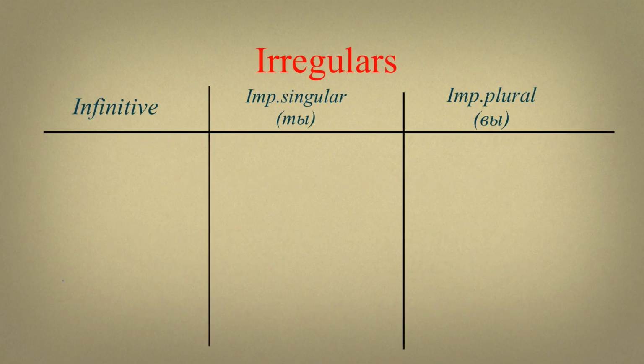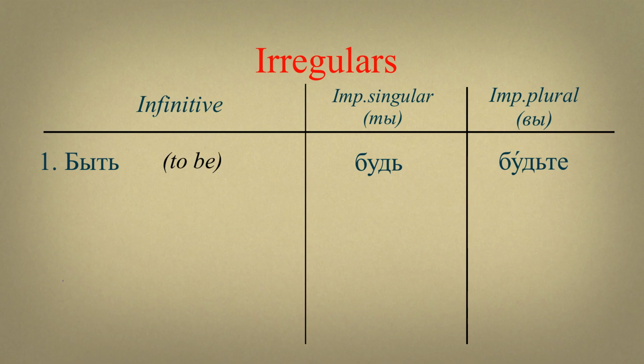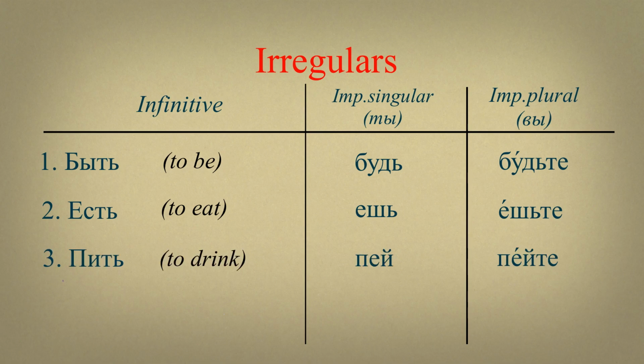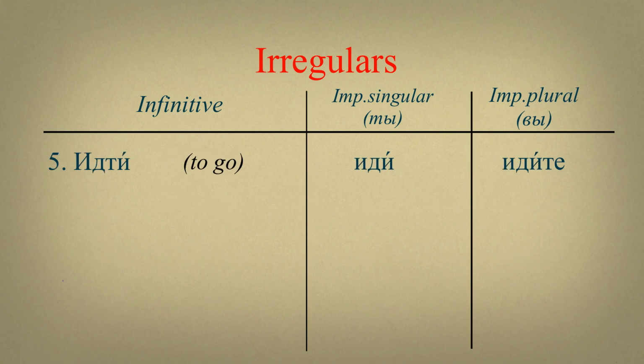There are irregulars of imperative verbs that you need to memorize. Быть, будь, будьте. Есть, ешь, ешьте. Пить, пей, пейте. Ждать, жди, ждите. Идти, иди, идите.